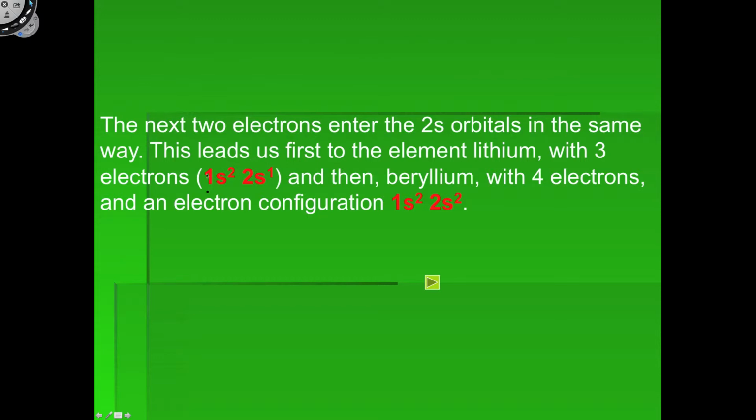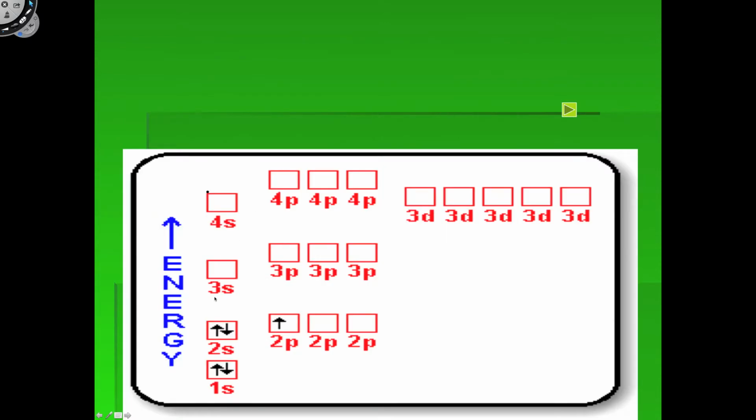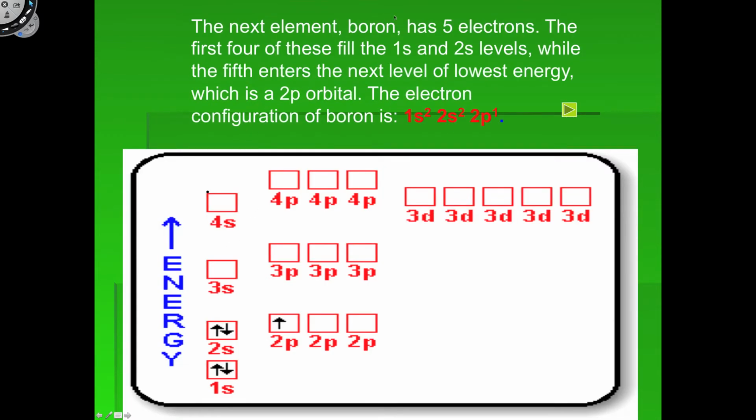That should look familiar. There's lithium's configuration. We didn't do beryllium's, but it would be 1s2, 2s2. Boron has a total of 5 electrons. 2 plus 2 plus 1 gives you 5. You'll notice that I didn't put these symbols that I taught you earlier.